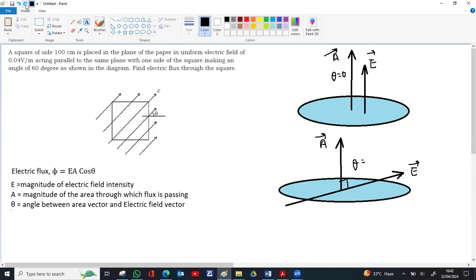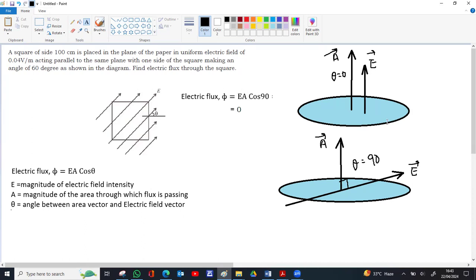So in any case, if the electric field lines are parallel to the plane of a sheet, they always make 90 degrees with the area vector, because the area vector is normal to the plane of the paper. In that case, the electric flux will be 0 whatever values of E and A are given, because cos 90 is 0.